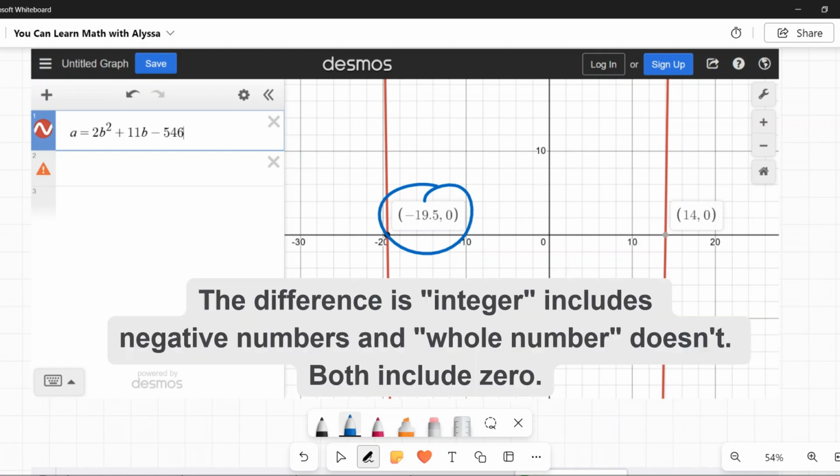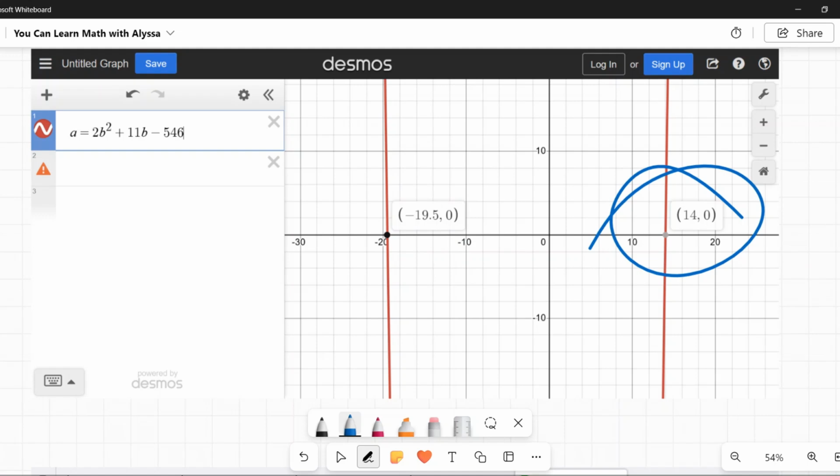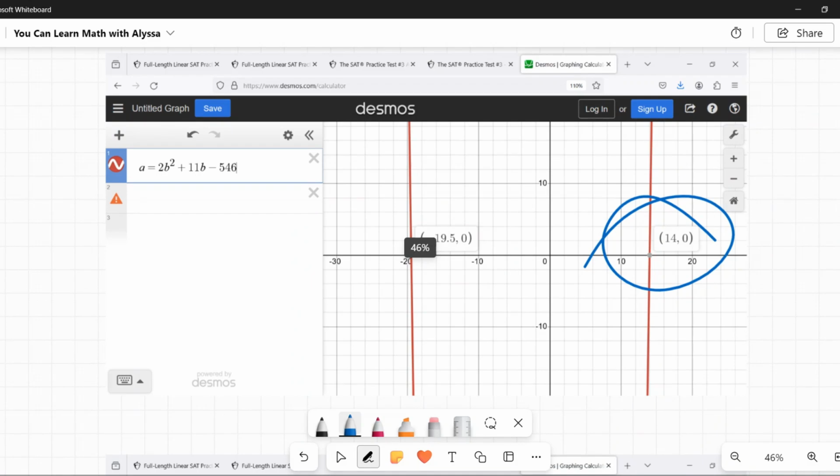I admit I do get these confused. I believe whole numbers does not include 0. I have to double check on that one. But integers is -5, -5 million, 0, 22, 150. It's all those, no fractions, no decimals. Yeah. And so this is not an integer and it is not positive. So I know that's not my B. This, however, yes, that is a positive integer. There is my B. My B is 14.